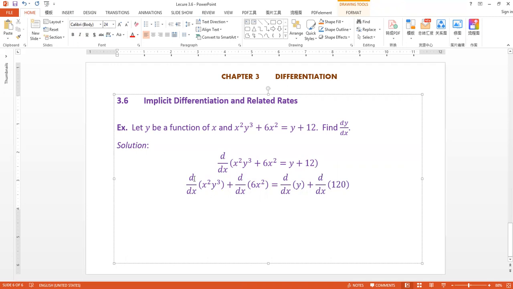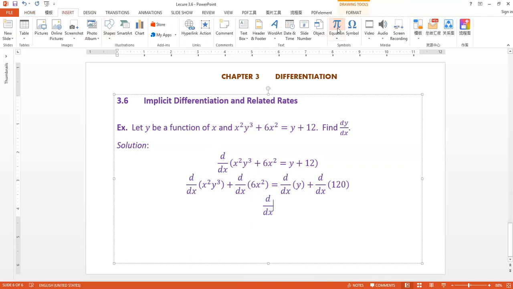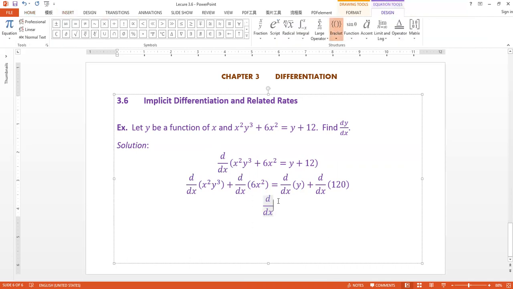So we use the product rule in the first term. We got the derivative of x squared times y cubed outside.